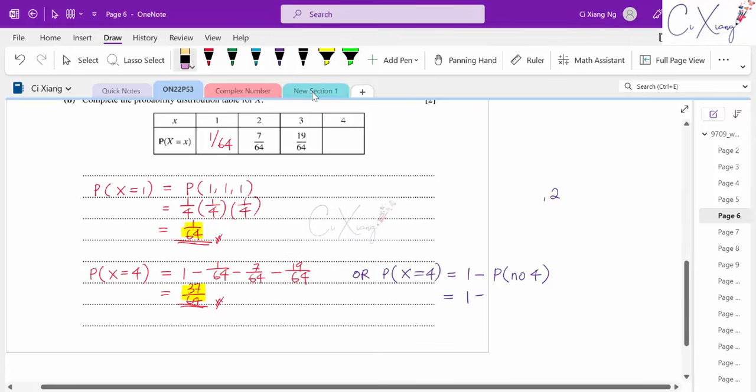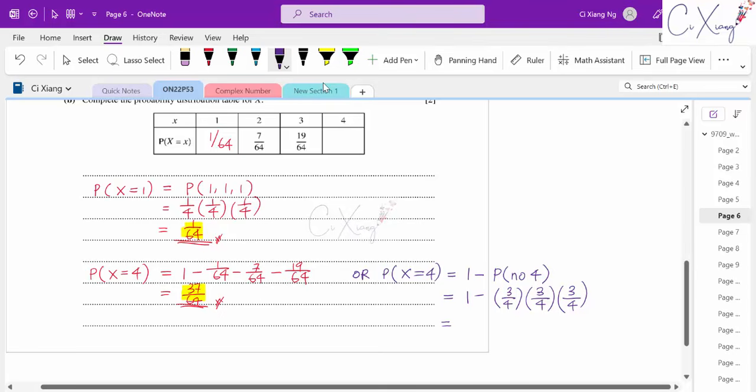So what is the probability of not showing 4? For the first spinner not showing 4, it will be 3 over 4, because you can have the score either 1, 2, or 3, but not 4. So 3 over 4. Second spinner not showing 4, also 3 over 4. The third spinner not showing 4, also 3 over 4. So you can simplify this by taking 1 minus all the values here.